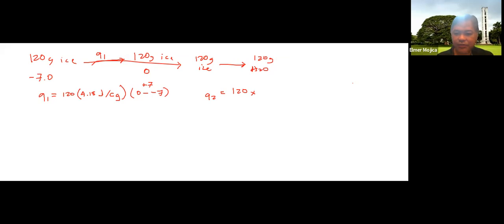Hindi ata 2.26. 2.26 ba yun sa water? Heat of fusion is 334 joules per gram. Kuha nyo?